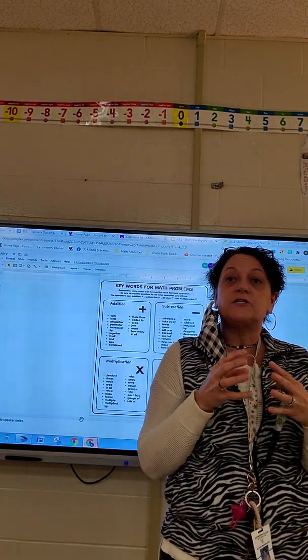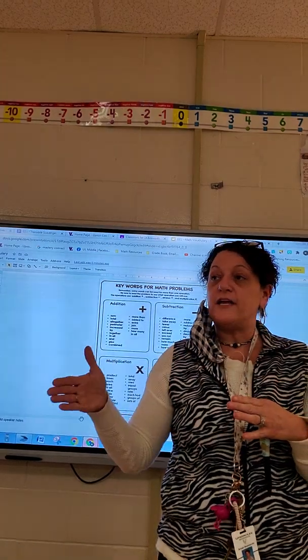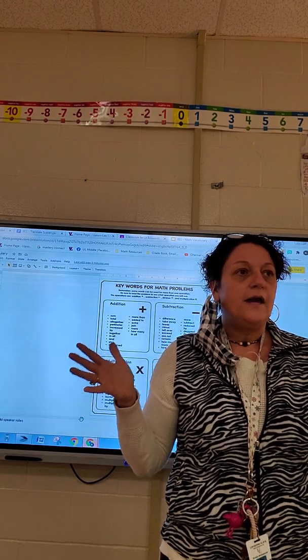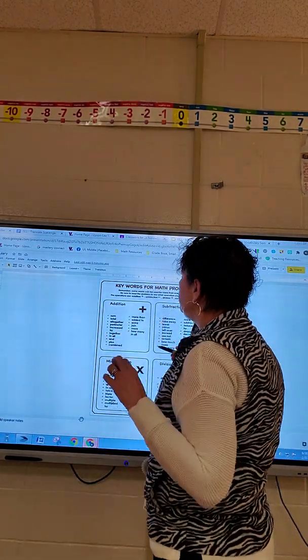But an expression doesn't have an equal sign. Basically, what separates an expression from an equation is an equal sign. That's it, okay? An expression has no equal sign, and an equation does, all right?